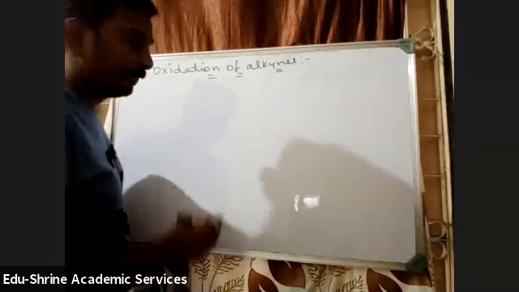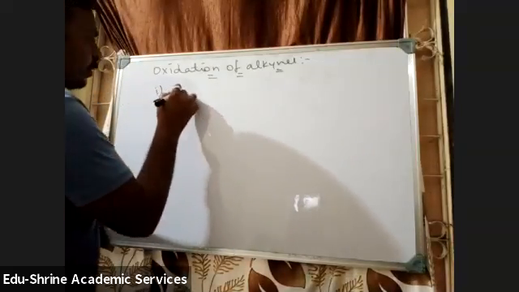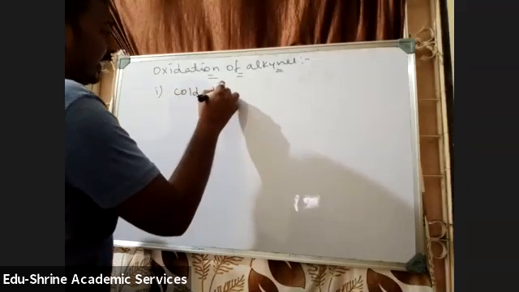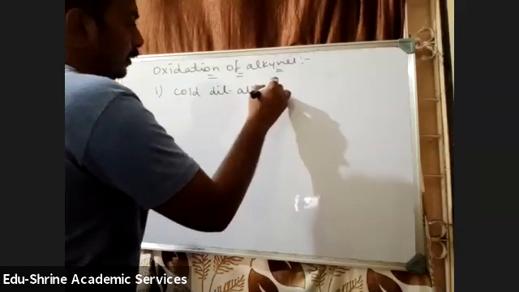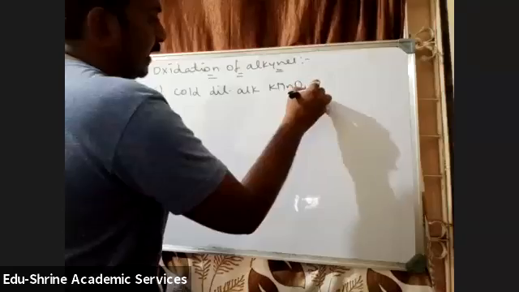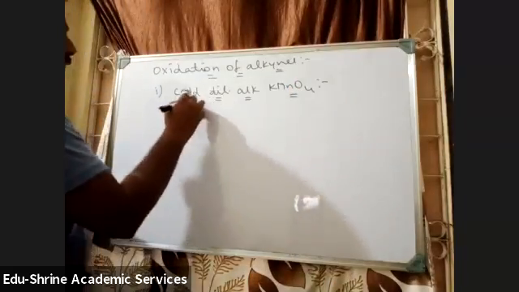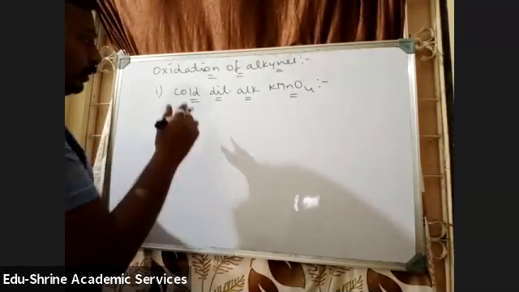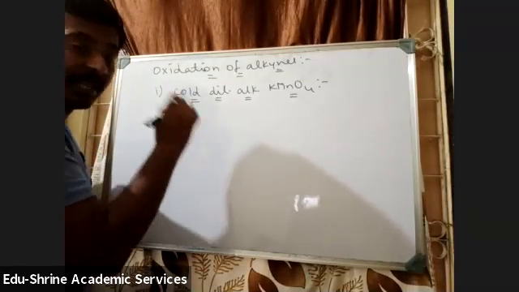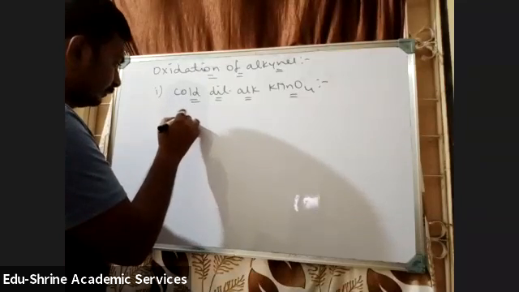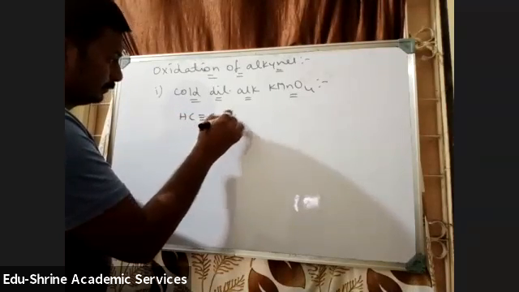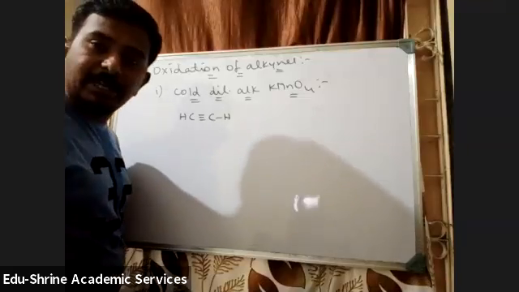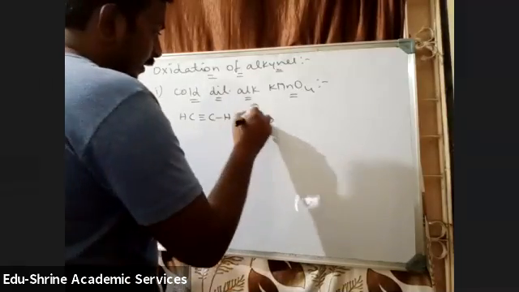Oxidation of alkynes. The first one is by using cold dilute alkaline KMnO4. In this case, if it is a terminal alkyne, for example HC triple bond CH, this is an oxidation.